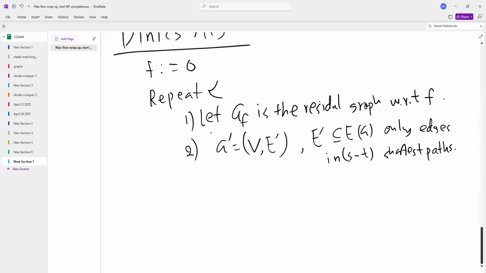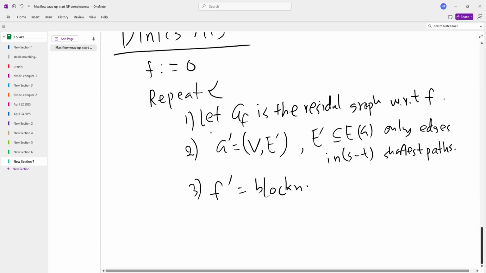I'll do an example to explain it better, and then we're going to compute something. f prime is going to be a blocking flow in G prime. G prime itself is a graph which has a smaller number of edges because we're only keeping edges in the shortest hop paths. But on that graph we have edges with residual capacities, so on that we can compute a blocking flow using the greedy idea.